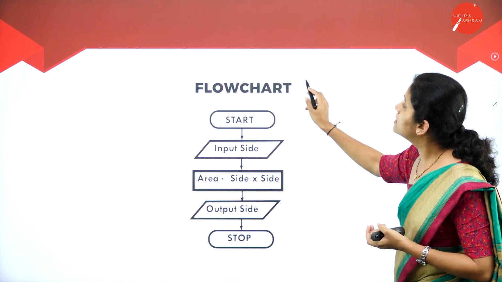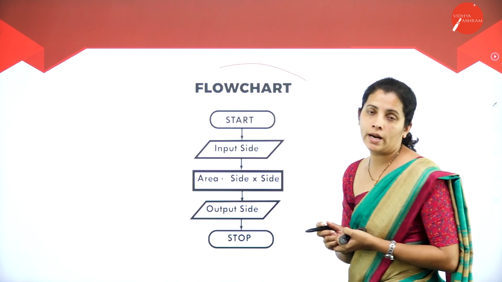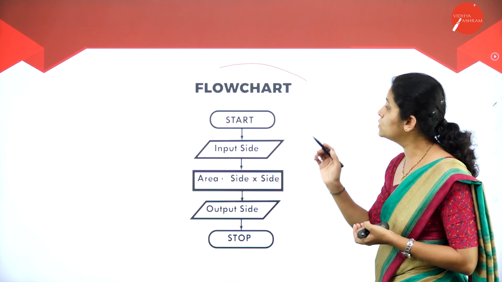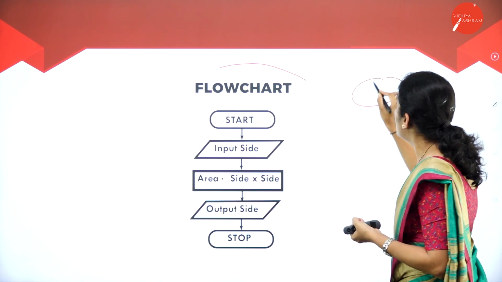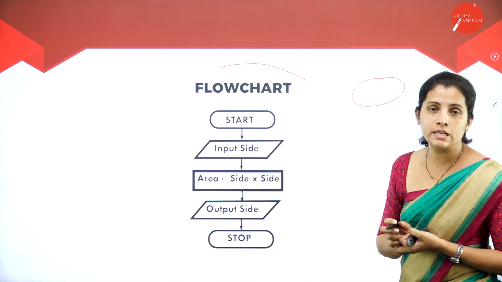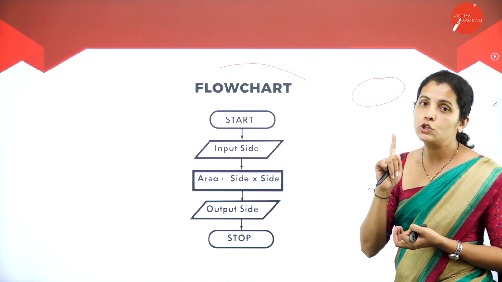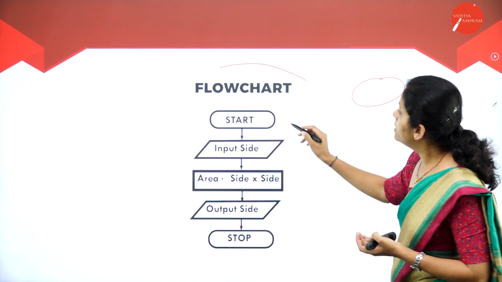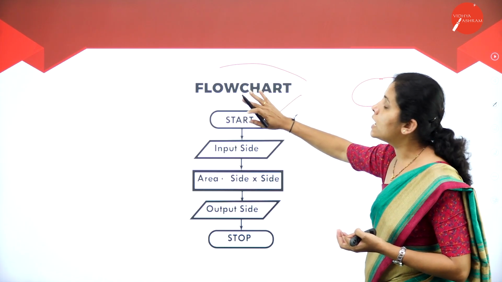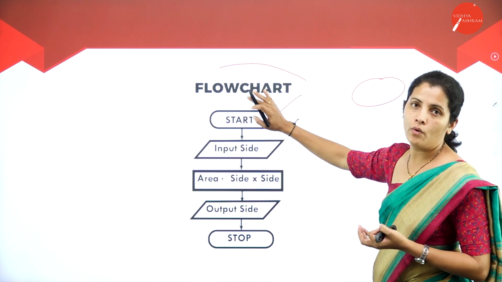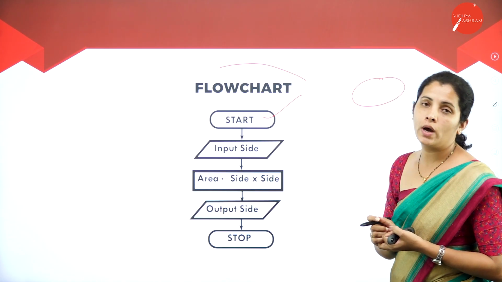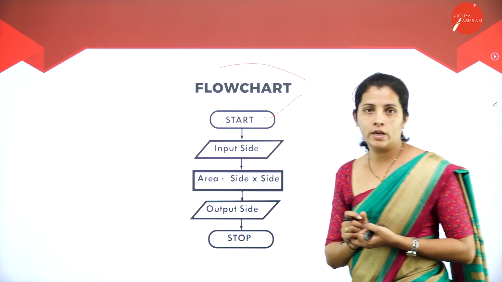So these are the symbols used to represent a flowchart. Here the oval is used to represent start or stop. So here I'm going to write start inside the oval. Then I'm going to have a parallelogram.